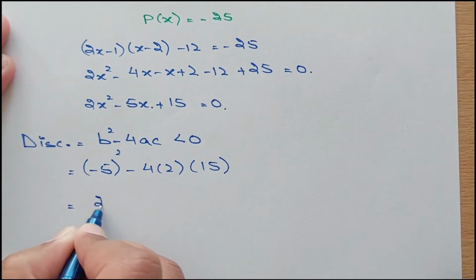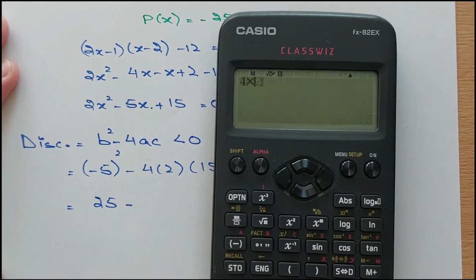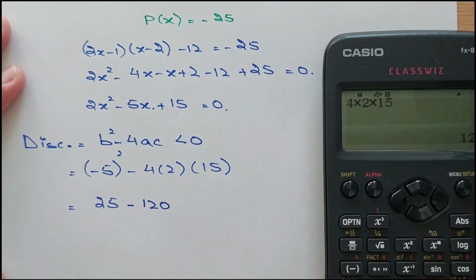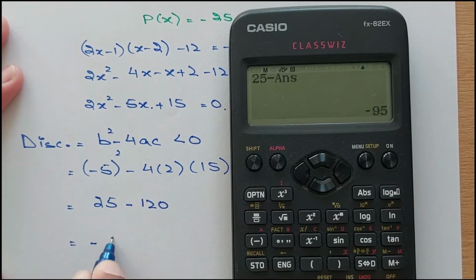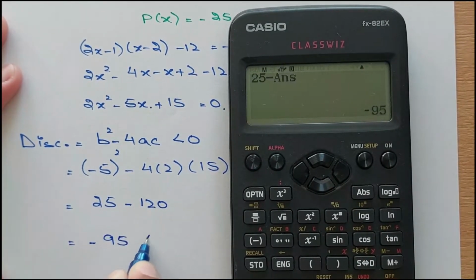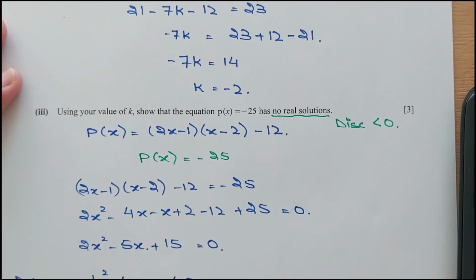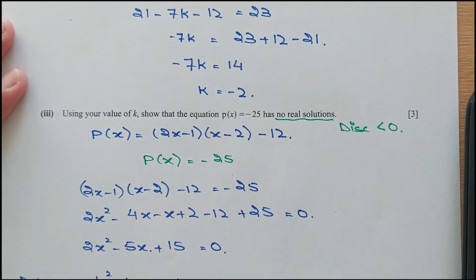Okay, so this is 25 minus 4 times 2 times 15. 4 times 2 times 15 is 120. 25 minus 120 is minus 95. Since the discriminant is less than 0, we can say that the equation p of x equals minus 25 has no real solutions.